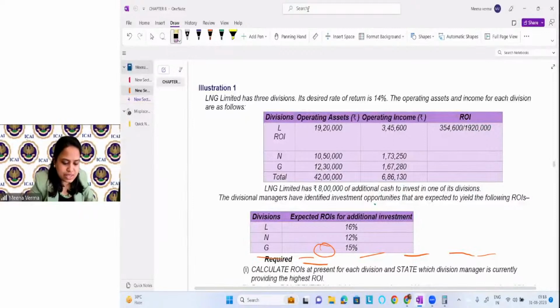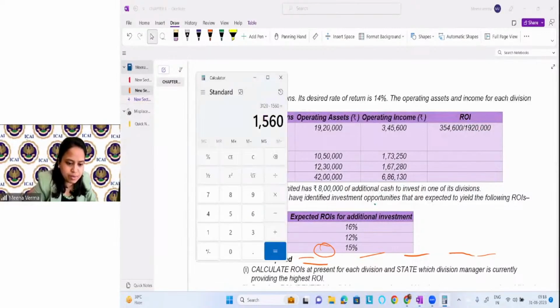If you see this, what is it coming to? 18.47%.